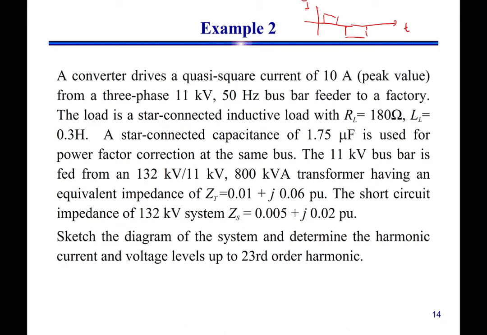The value of the current will be 10 ampere peak, from a three-phase 11 kilovolt busbar feeder to a factory. The load is a star-connected inductive load with RL and LL.